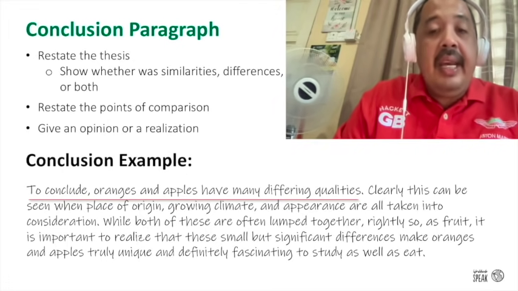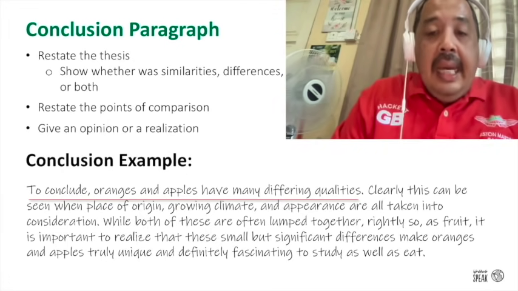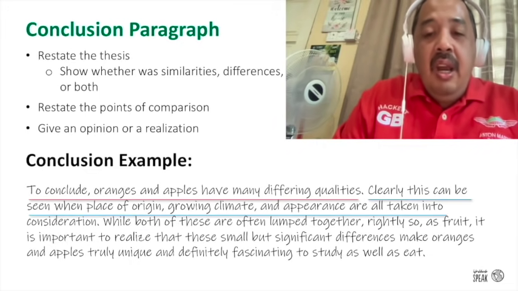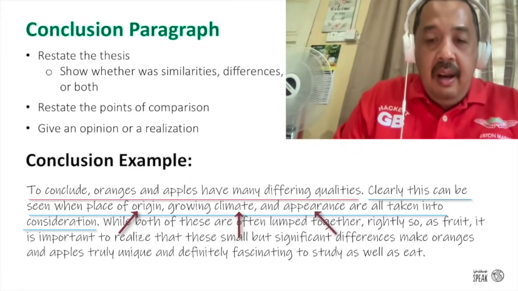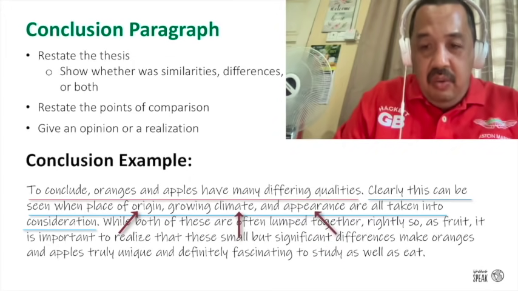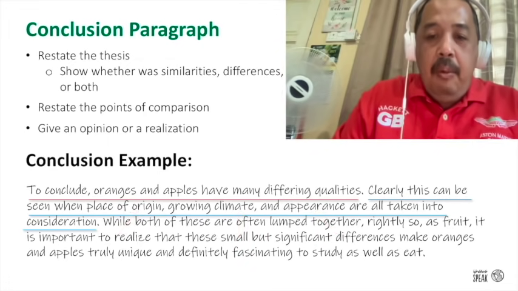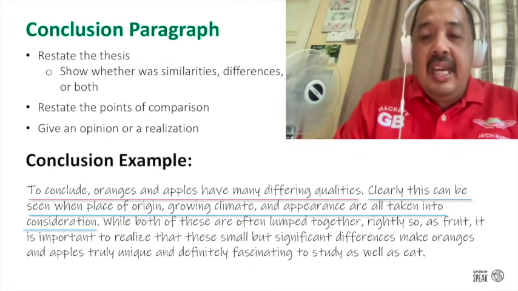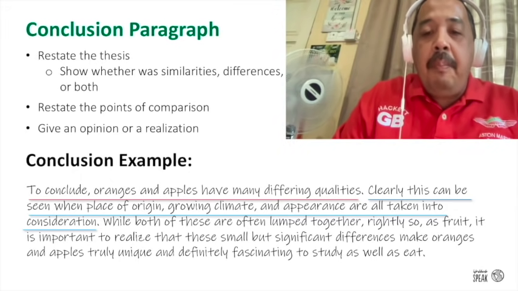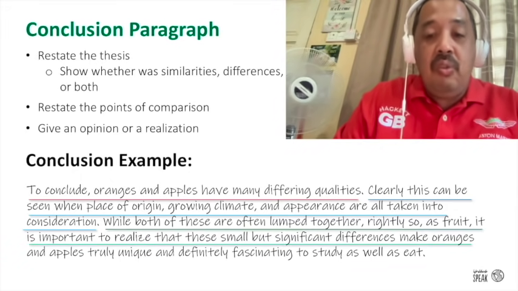And then I mentioned that you can restate or talk about the points of comparison again. I wrote clearly, this can be seen when the place of origin, growing climate, and appearance are all taken into consideration. I just touch upon each point of comparison in the second sentence, and lastly, I'm going to have some opinion or realization about these two things.